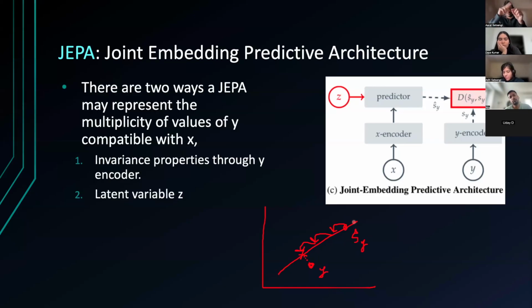In the signal there could be multiple options, so let's say this whole line represents those options. Now once you go through the X encoder and the predictor the first time, you will get a point on this line somewhere. The predictor models it like this, that you get a point somewhere here.